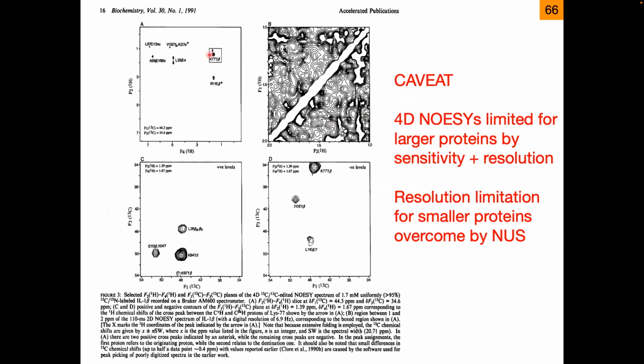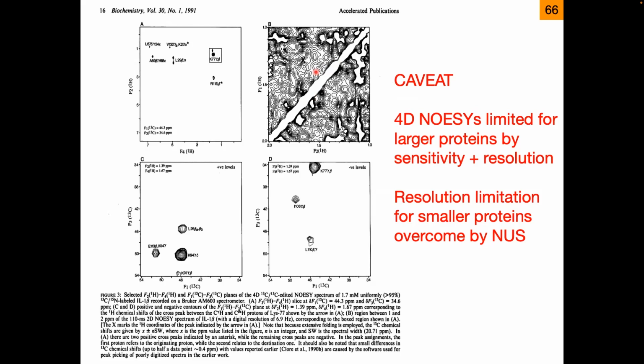The region here is enlarged, and this is the signal that you would detect in a normal 2D proton-proton NOESY experiment. But it's limited in sensitivity and in resolution. For smaller proteins, when you're not limited in sensitivity, you may overcome the resolution problem with non-uniform sampling or so. But for larger proteins, I think sensitivity is always the problem.